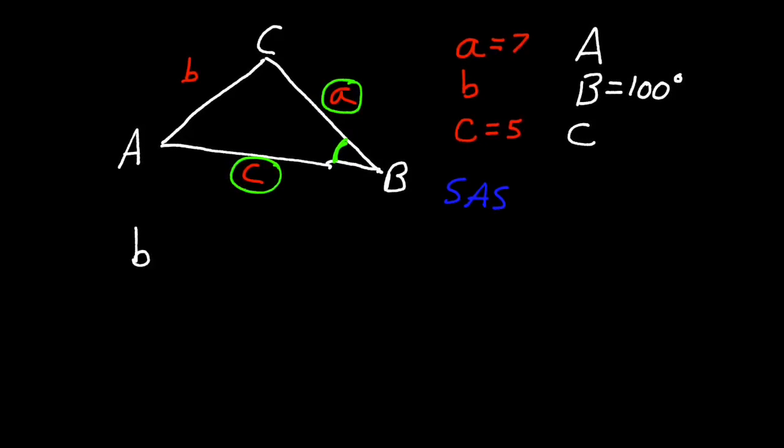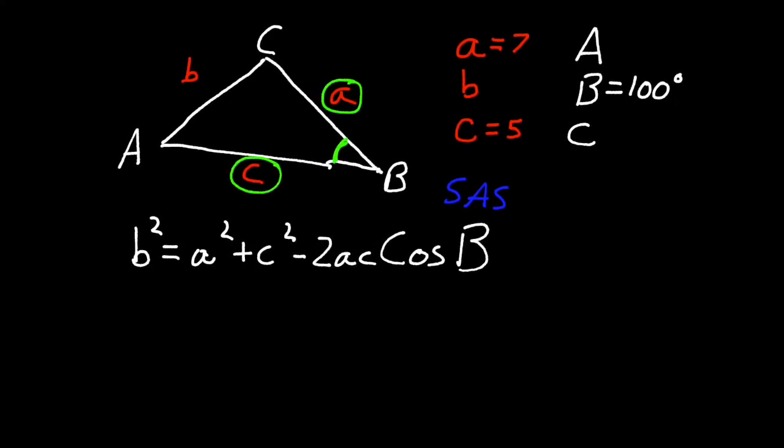B squared equals A squared plus C squared minus 2AC times the cosine of angle B. And this formula is going to work perfectly.